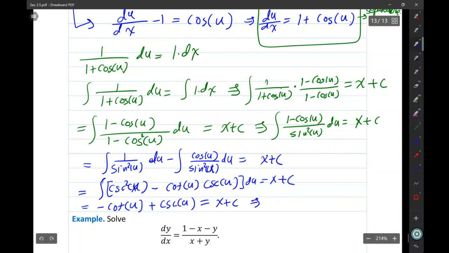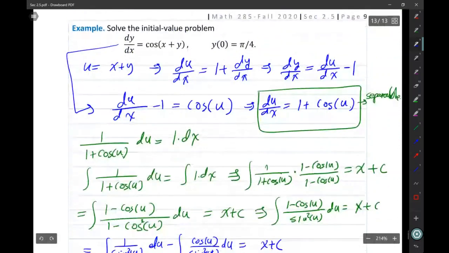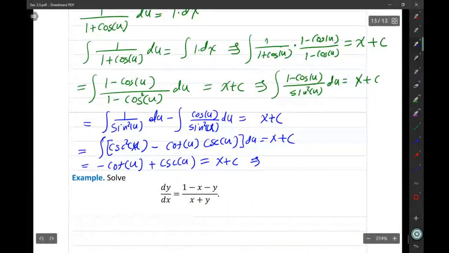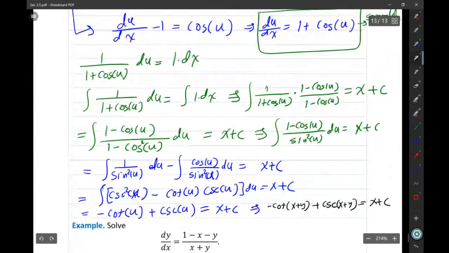Now replace u back by its value, which is x plus y. We substitute it, and it becomes minus cotan x plus y plus cosecant x plus y is equal to x plus c.